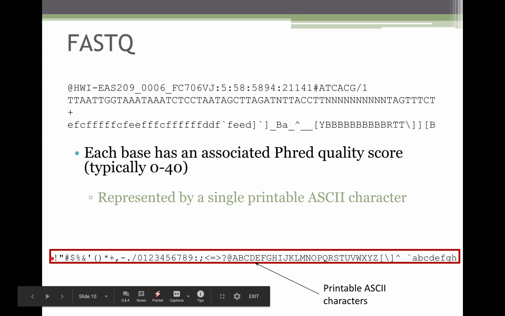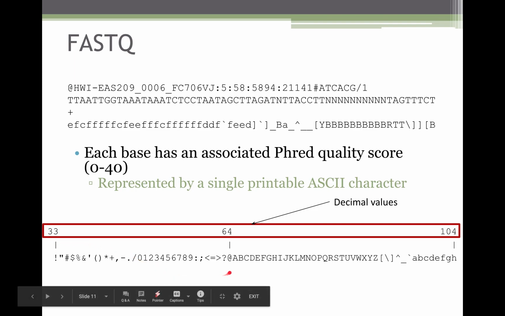These characters in computer language also have their own decimal value that the computer recognizes, and for the quality string they represent a quality value ranging between 0 and 40. So for example, this exclamation character has a decimal value of 33, and it represents quality of 0 in one of the scales.